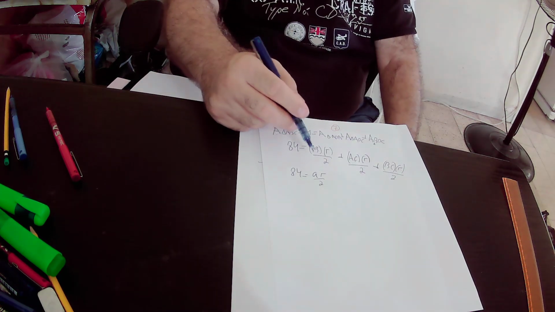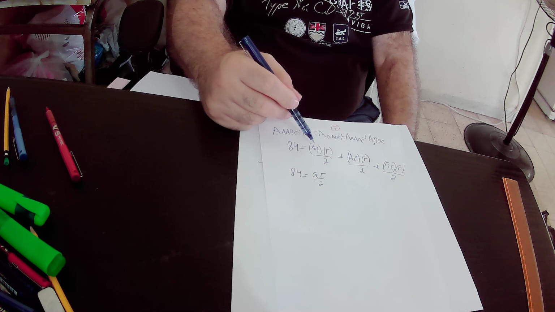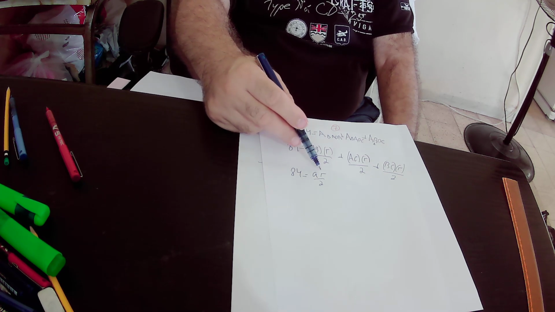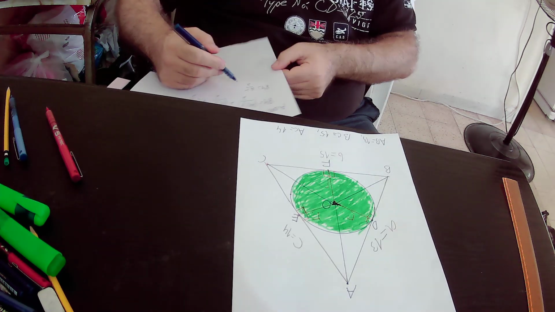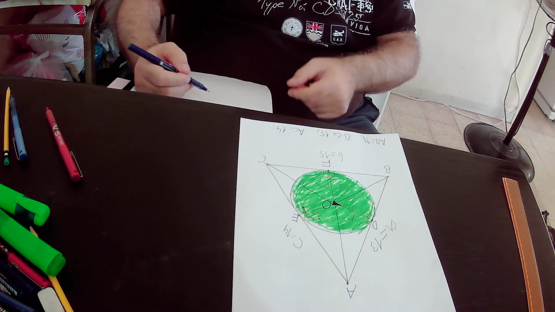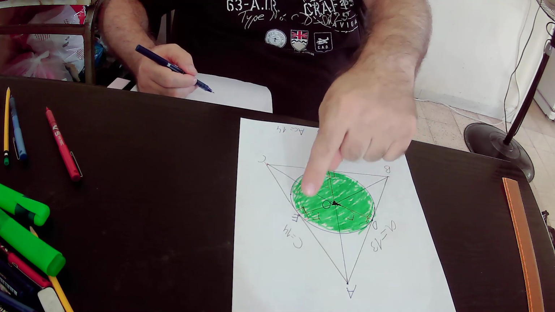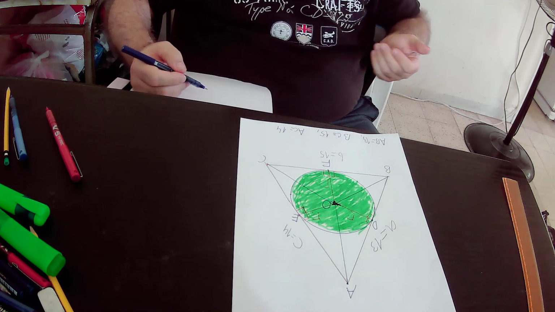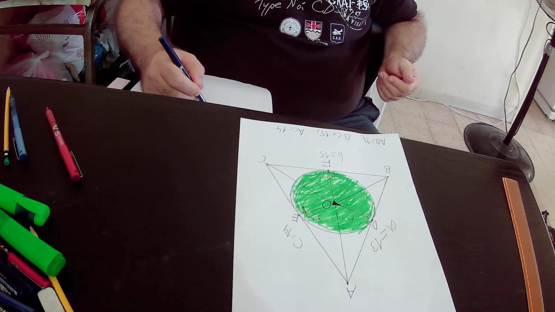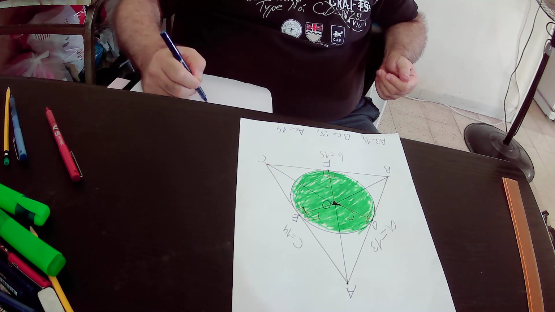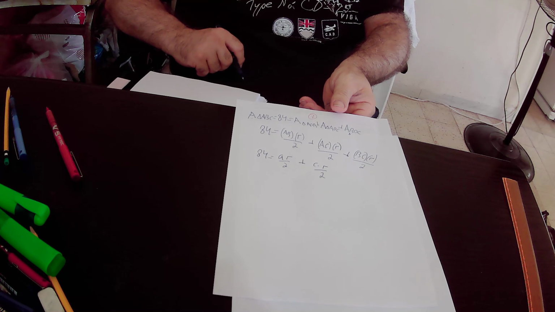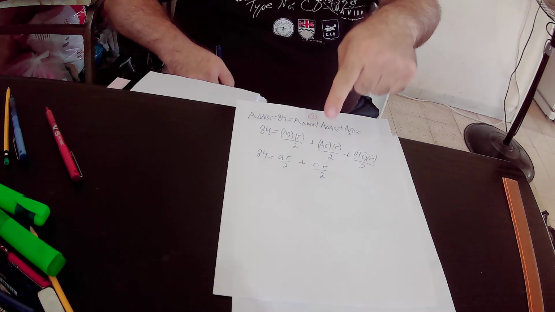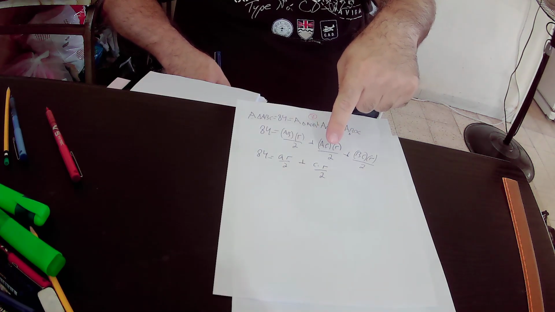AB equals A, so the area of triangle AOB equals A times the radius over 2, plus the area of triangle AOC. So what is AC? AC equals C according to our definition. So it is actually C times the radius of the green circle over 2. Okay, so the area of triangle AOC equals the base C times the height to the base, that is the radius, over 2.